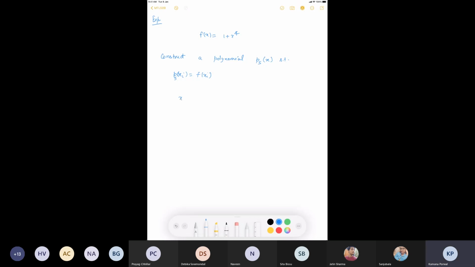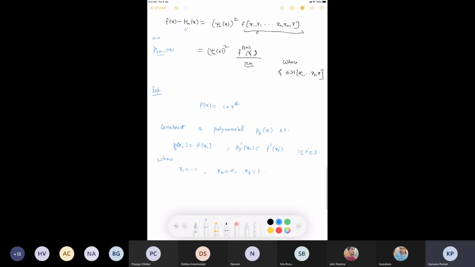So I have x1 as -1, x2 as 0, and x3 as 1. And the other property which I want is that p5 prime at xi coincides with f prime of xi for all i, which varies between 1 to 3, where these xi's are given by this.